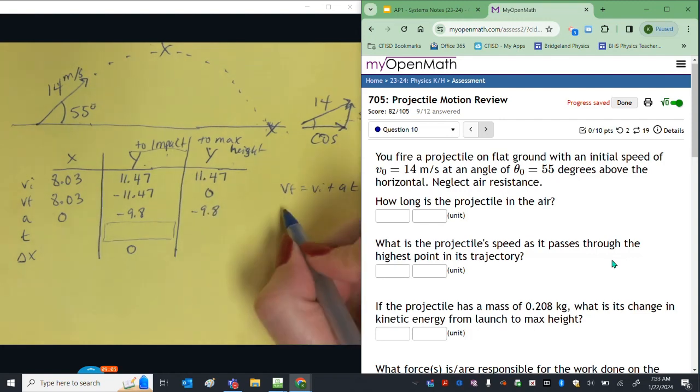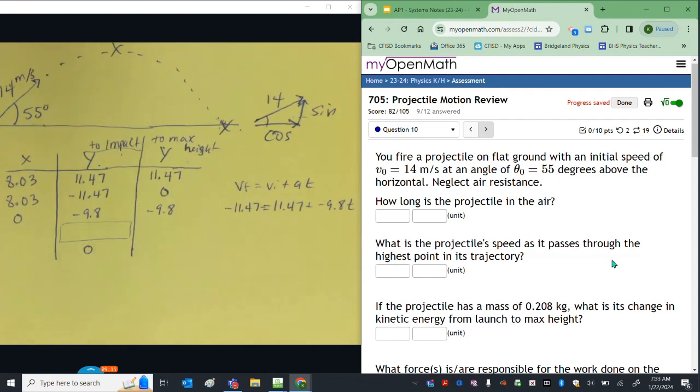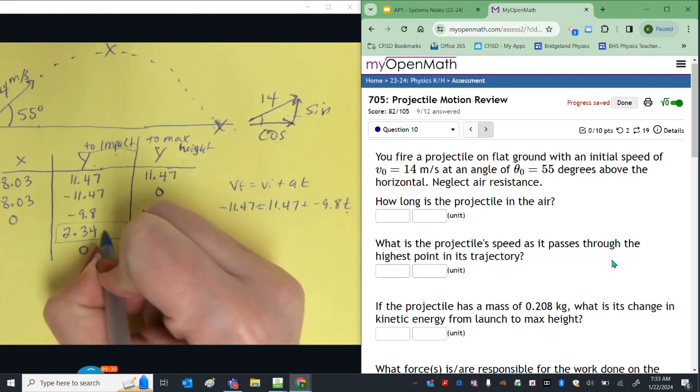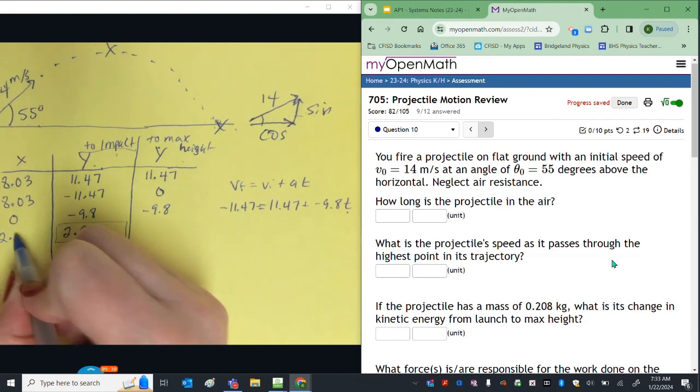So that's going to be negative 11.47 equals 11.47 plus negative 9.8T. When I solve for that, that gives me a time of 2.34 seconds, which is the time here as well.